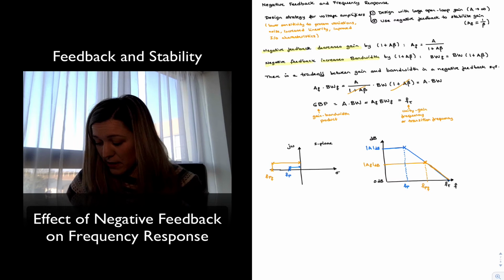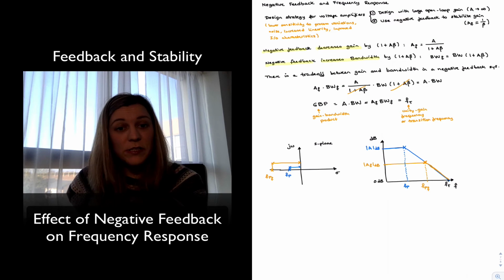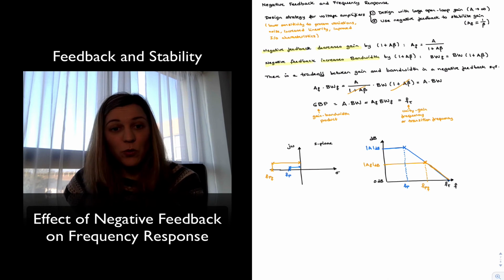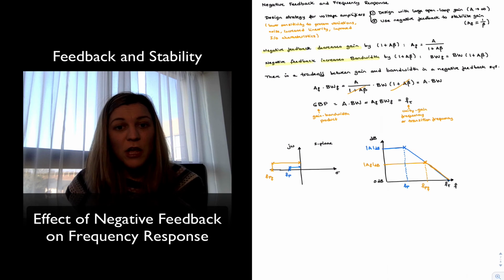Now we can see that in a single pole system, whenever we have a pole, we're going to introduce as well a phase shift. So not just the magnitude gets changed as we go through the pole, the value of our magnitude changes, but also we introduce phase shifts with every pole that we introduce in our system.